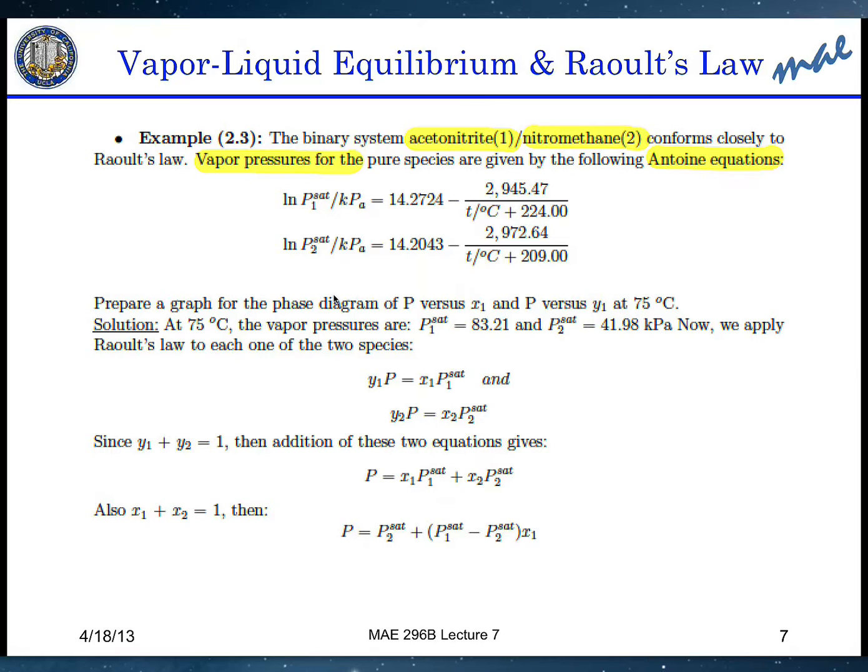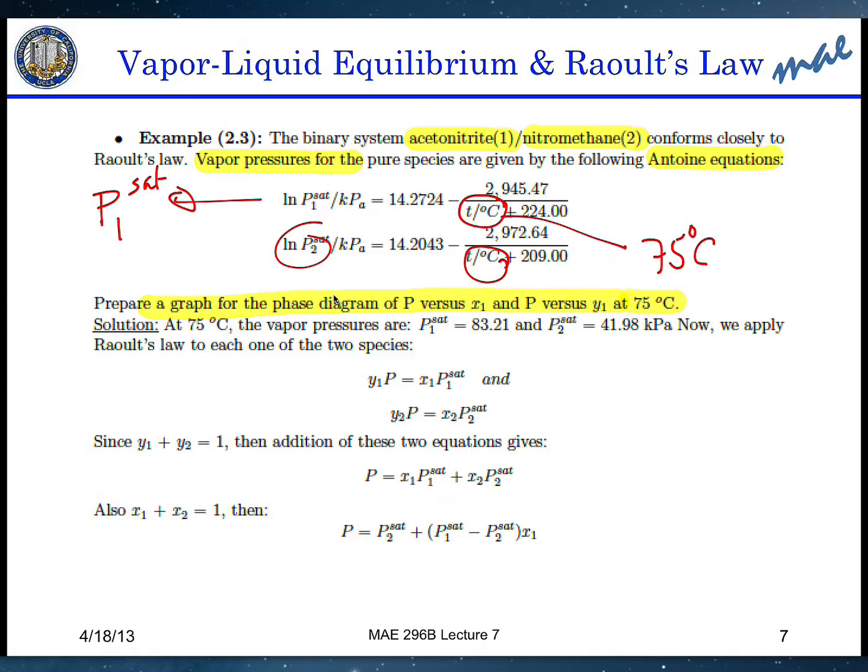Knowing the temperature, for example 75 degrees C, I plug it in and get a corresponding saturation pressure P1 sat for species 1, and likewise P2 sat. What's asked of us is to prepare a graph for the phase diagram of P versus x1 and P versus y1 at 75 degrees centigrade.